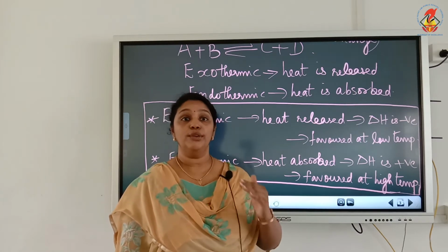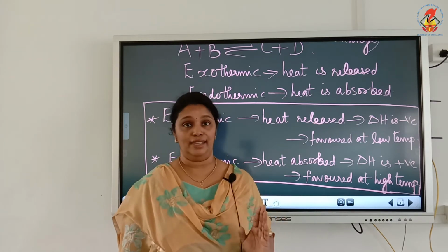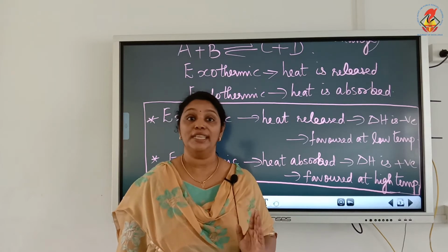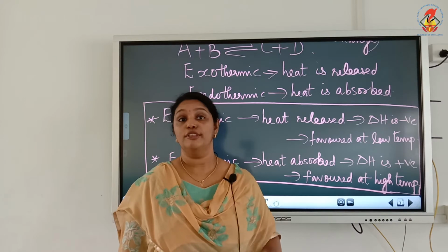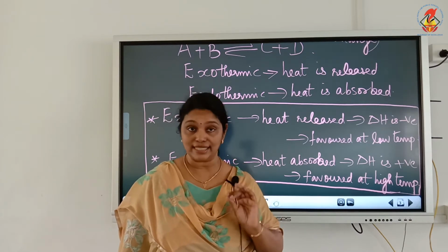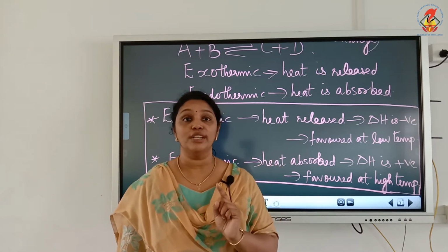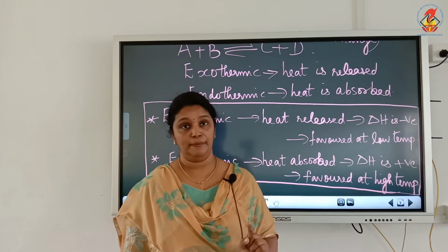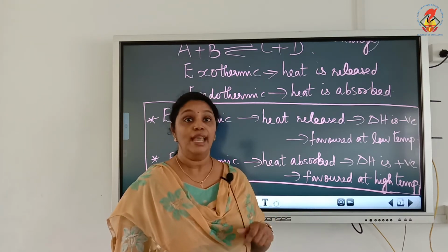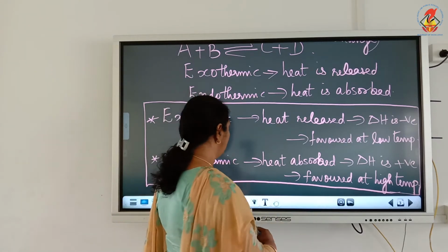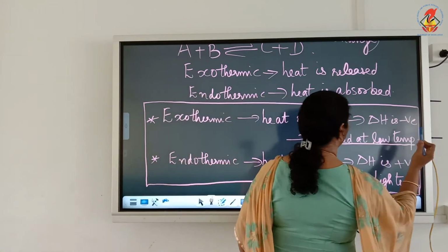So if you look at the sign of delta H, you can predict whether the forward reaction is exothermic or endothermic. If the delta H value is negative, then the forward reaction is exothermic. Exothermic reaction means heat is released, and exothermic reactions are favored at low temperature.